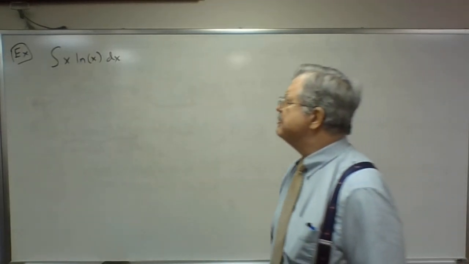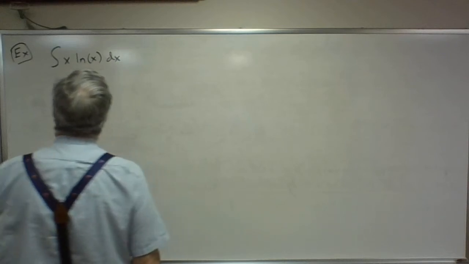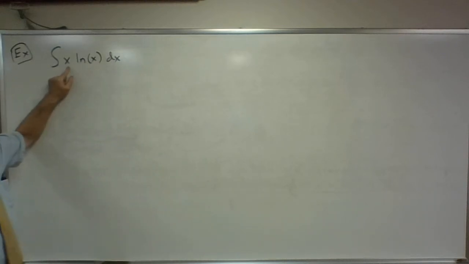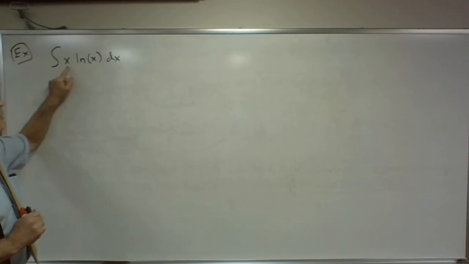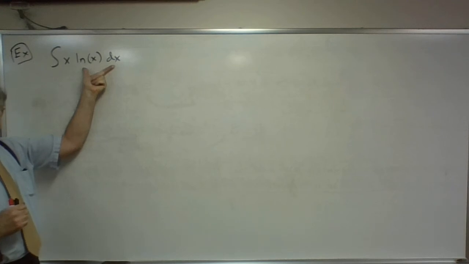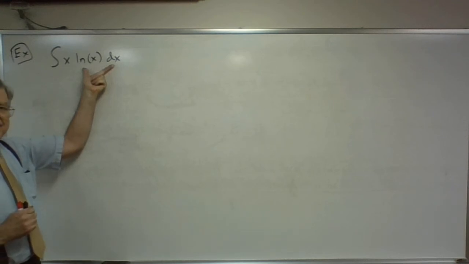Here's a good one. Our first rule of thumb would tell us to let x be u, or u to equal x. This is a function whose derivative is simpler than the function itself. And then dv would be the largest portion of the integral that we know how to integrate.